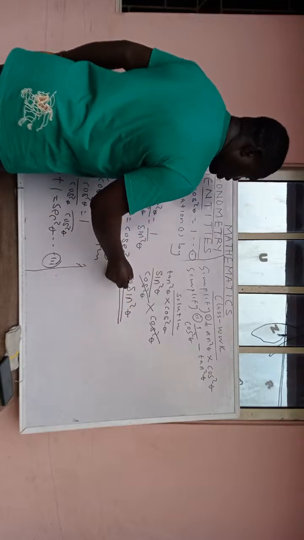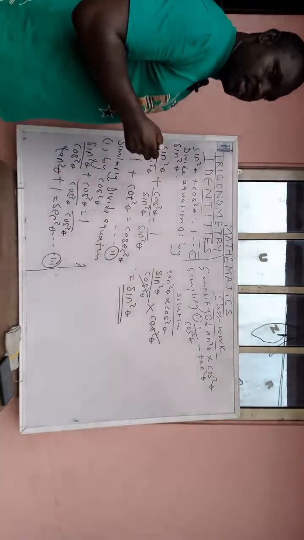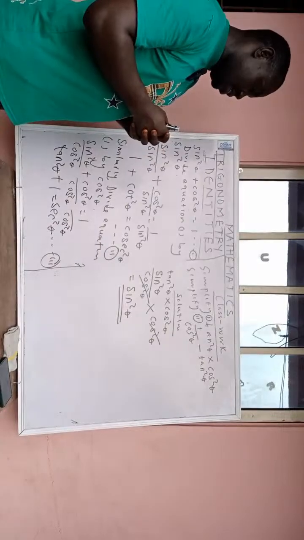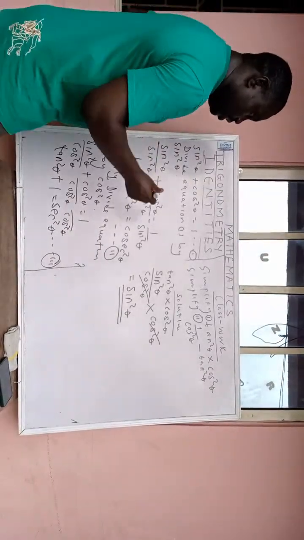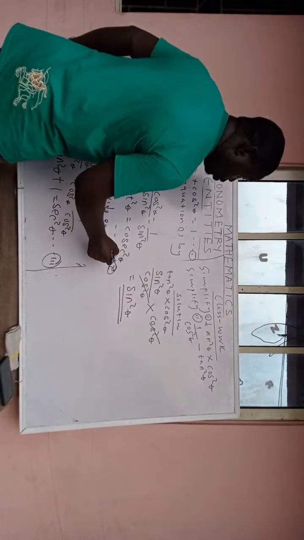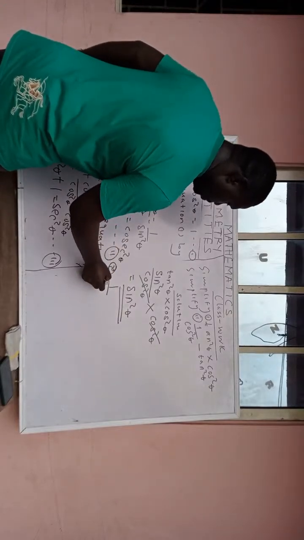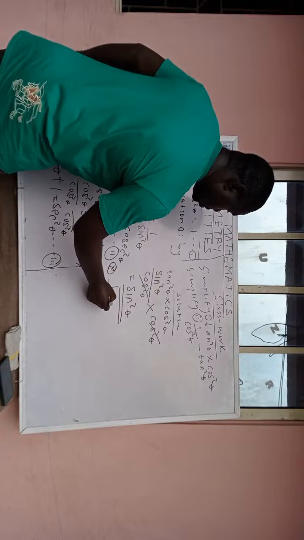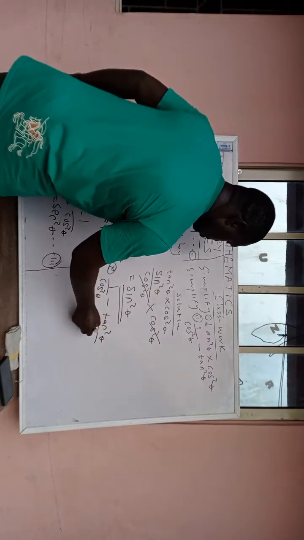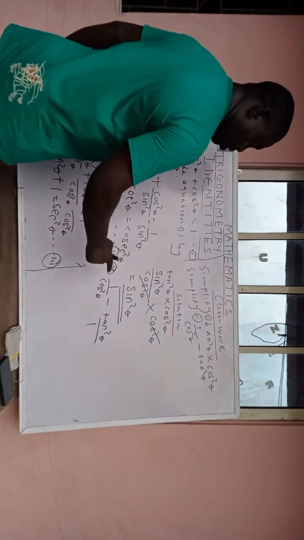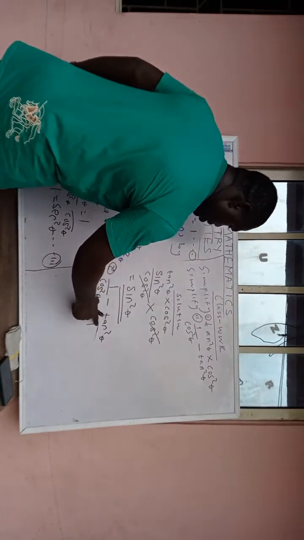You cannot further simplify what we have. So this becomes the final answer, because the question says we should simplify. Number two, we have 1. Okay. Now, I might not even need to do it this way.